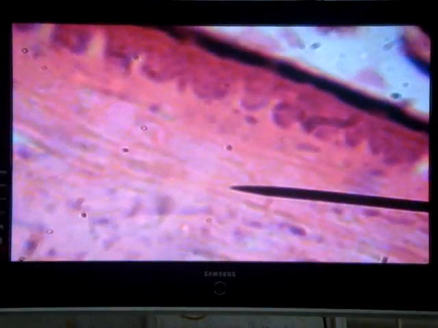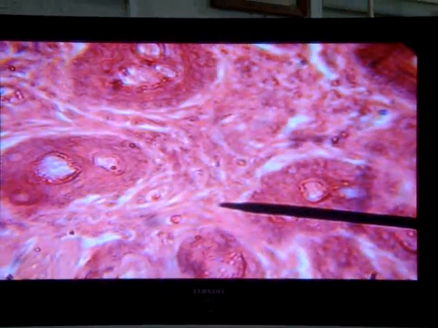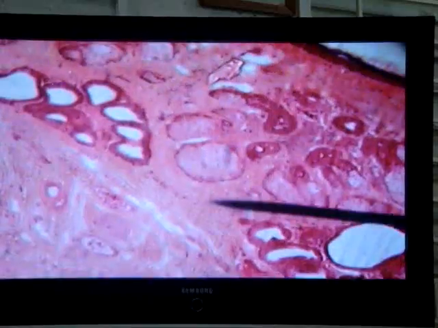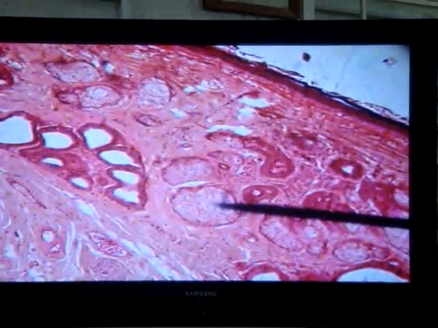Also, we will observe that the keratinized layer is not as well developed either. So the keratin is not as big. Then the dermis, as usual, is dense irregular connective tissue. But we observe the presence of numerous sebaceous glands. So these are sebaceous glands there.